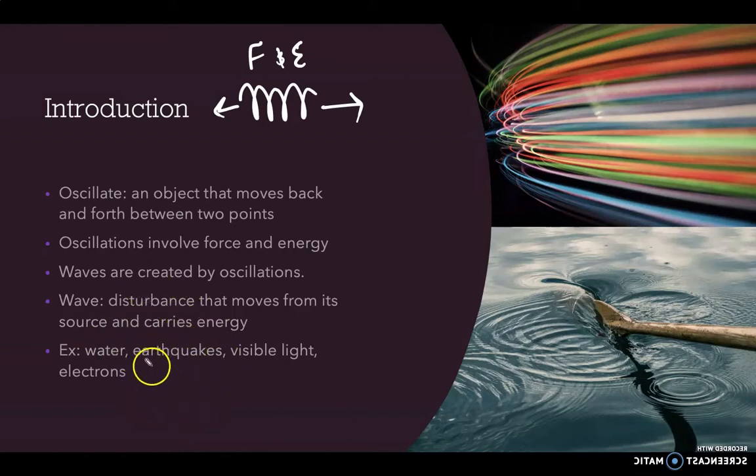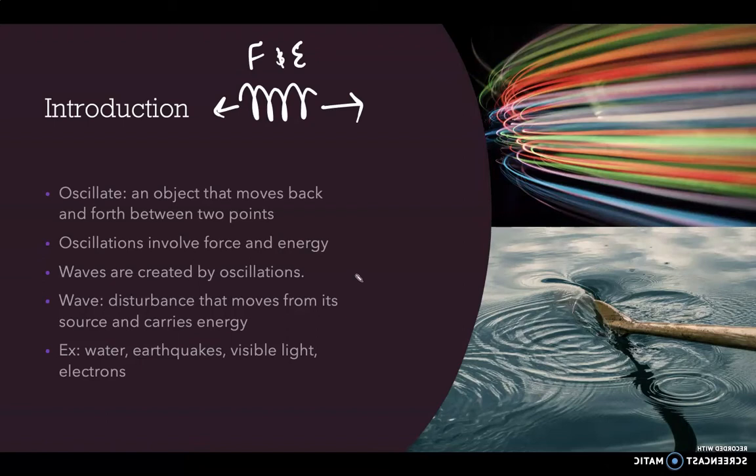And these waves are any disturbance that moves from its source and carries some kind of energy. Okay, an example of waves and things that have oscillatory motion, that's going to be water, earthquakes, visible light, electrons, and so forth.